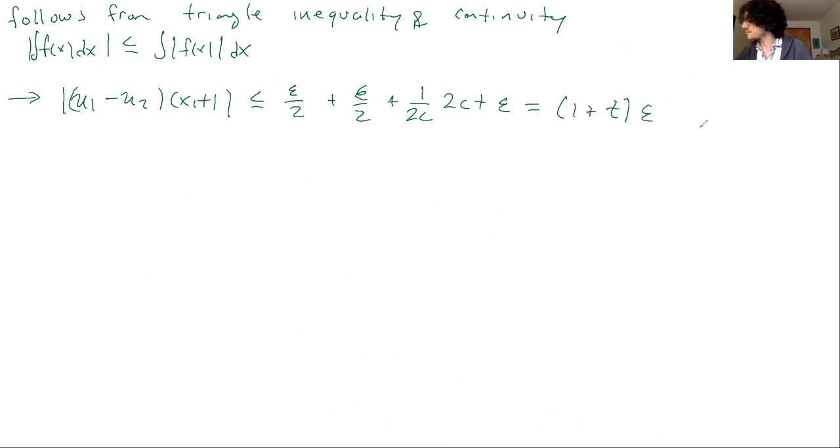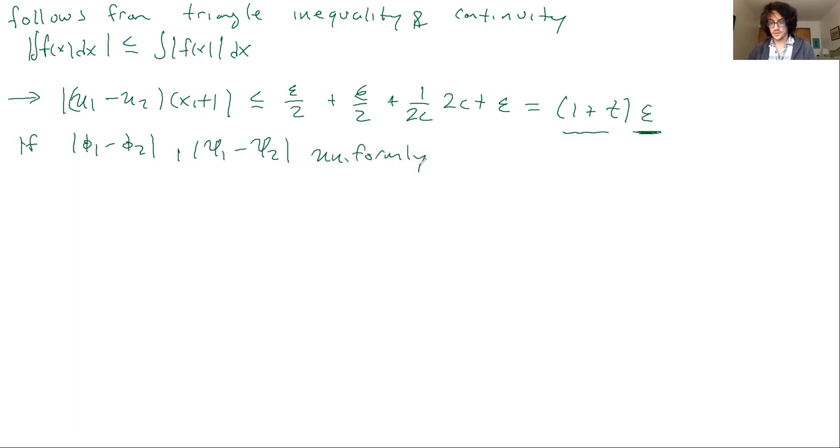So basically, for any finite t, we can always, if we make this epsilon as small as we like, then this quantity will be small as long as t stays finite. But obviously, t can go up to infinity, okay? So the point is, this is true if phi1 minus phi2 and psi1 minus psi2 are uniformly small, okay?